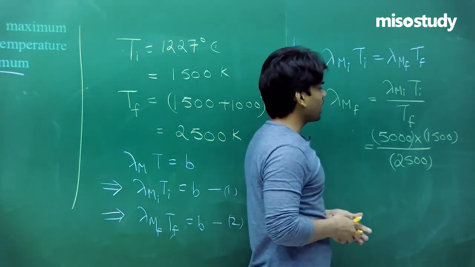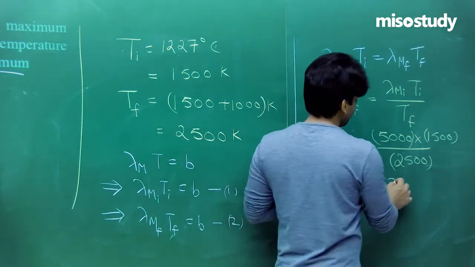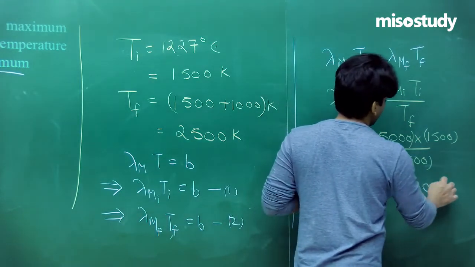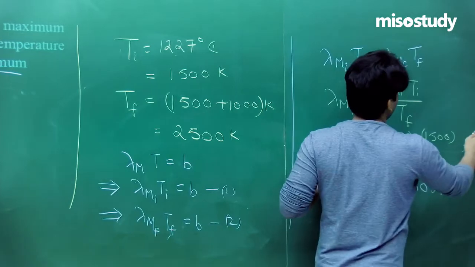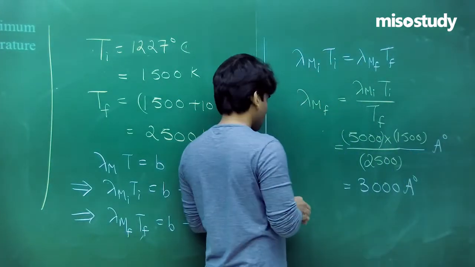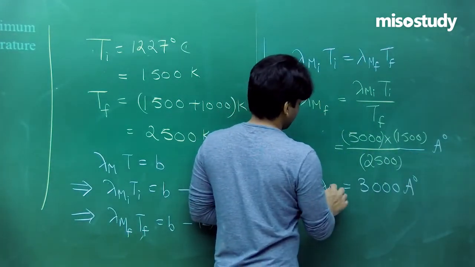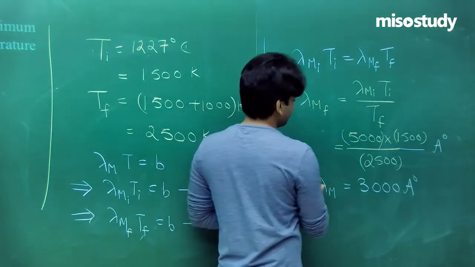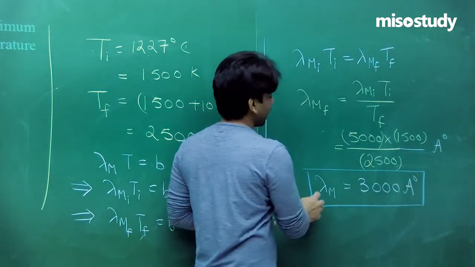Now clearly you can solve this, and you will get 3000 angstrom as the value of lambda. So the wavelength for which the intensity is maximum will be 3000 angstrom.